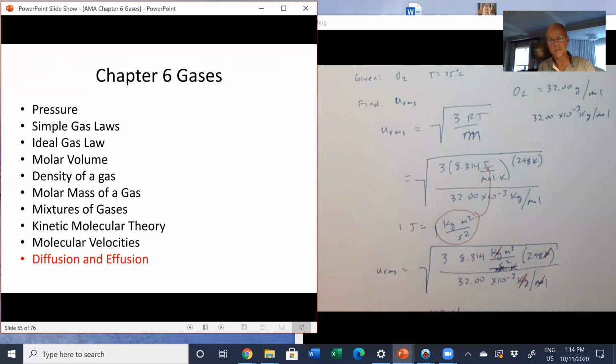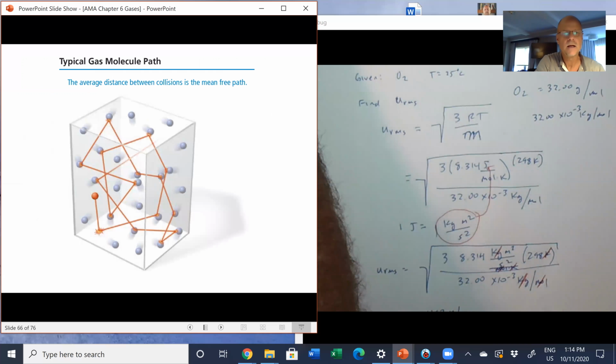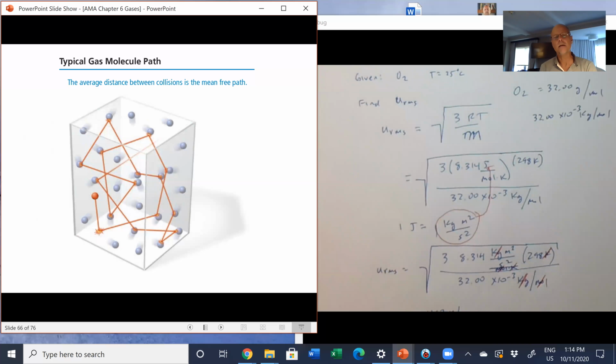Diffusion and effusion. Well, we just calculated that oxygen molecules in the air are moving at 482 meters per second, right? That's pretty fast. That's like a football field and a half every second. But why is it that, for example, if I were to open a bottle of perfume, let's pretend we were in a classroom here, the way we smell that perfume is that the molecules go from the perfume bottle, which I have in the front of the room, and get into your nose?